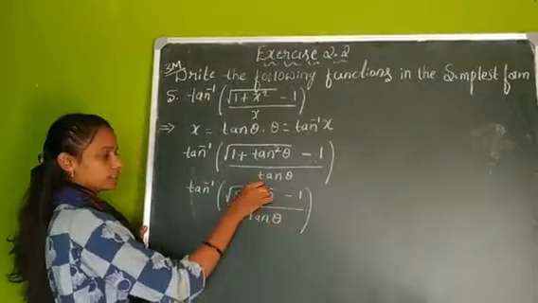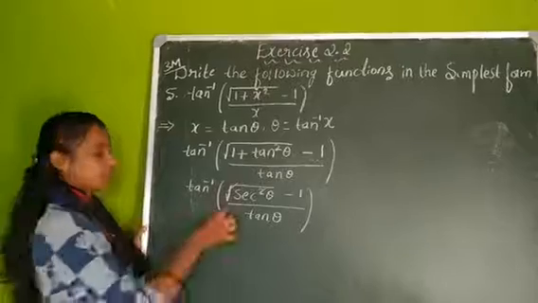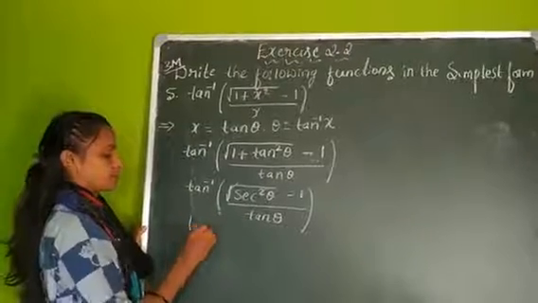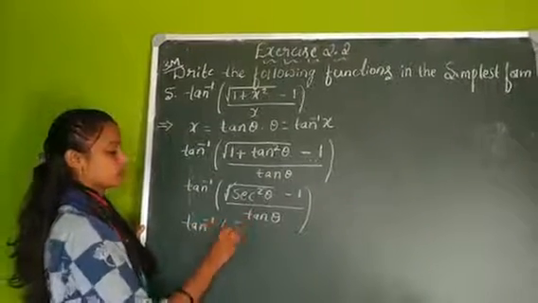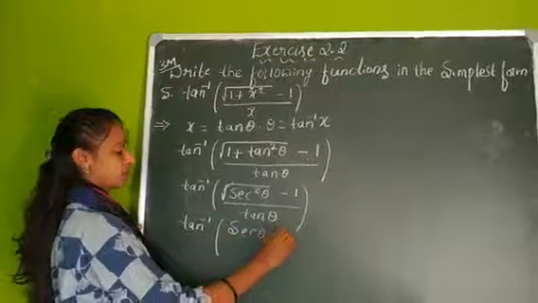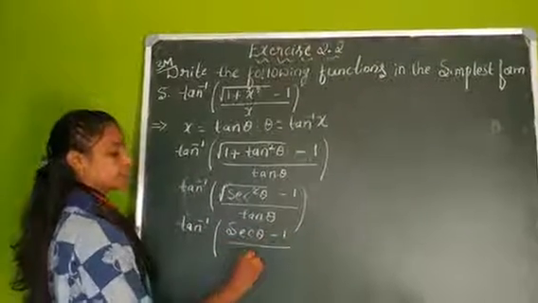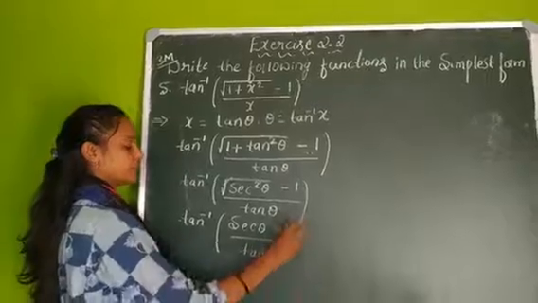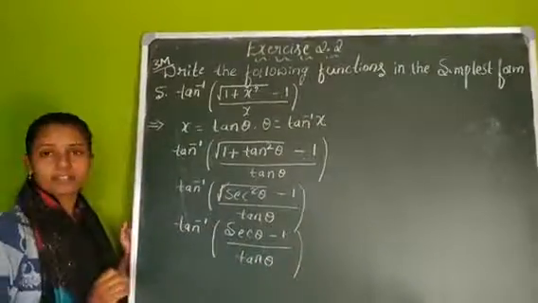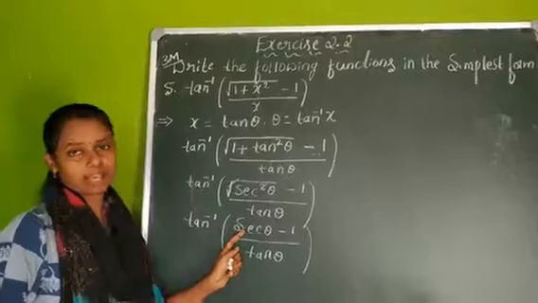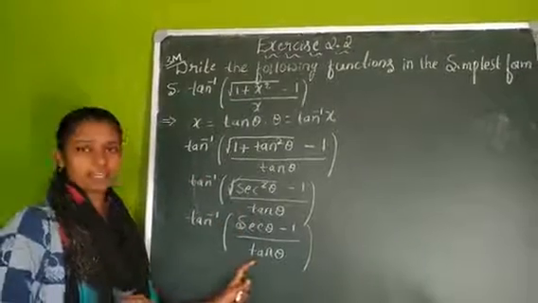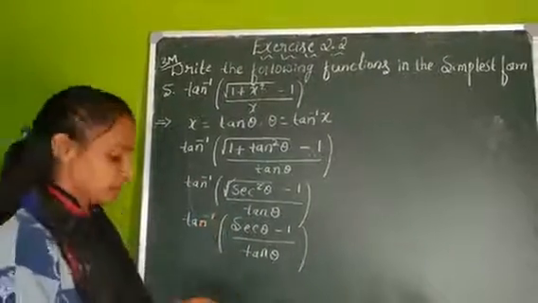Now the square and root get cancelled. Remaining is secant: tan inverse of secant theta minus 1 divided by tan theta. Now I'll make use of trigonometric ratios. Secant can be written as 1 by cos, whereas tan can be written as sin by cos. Is it clear?